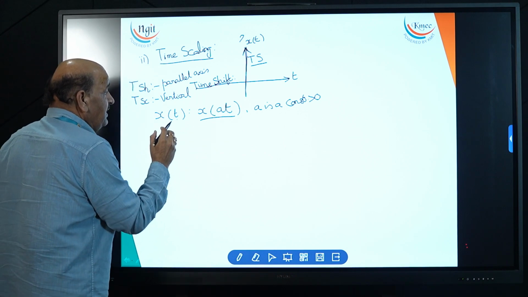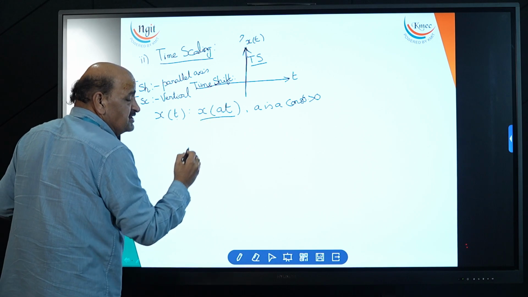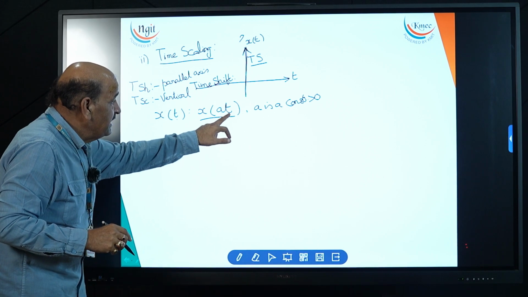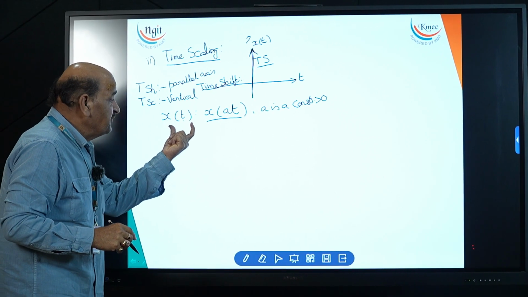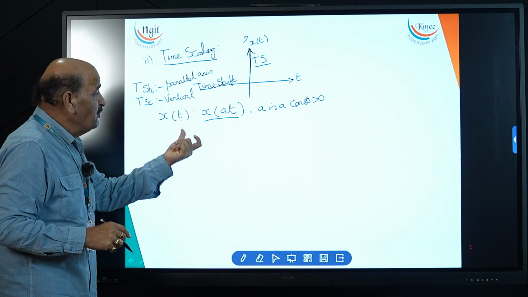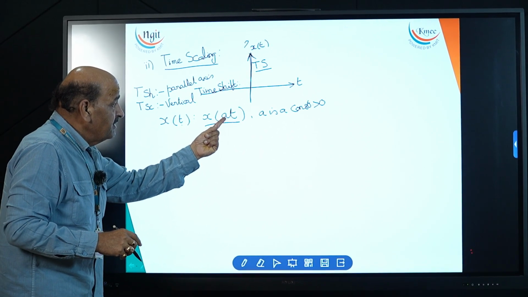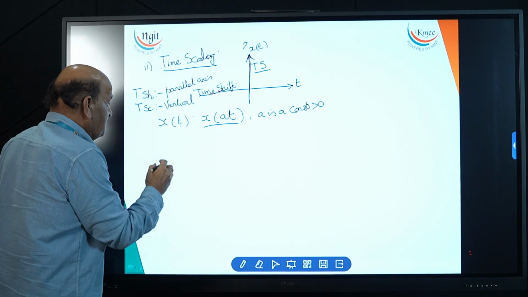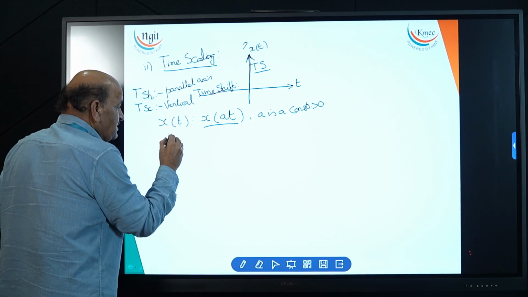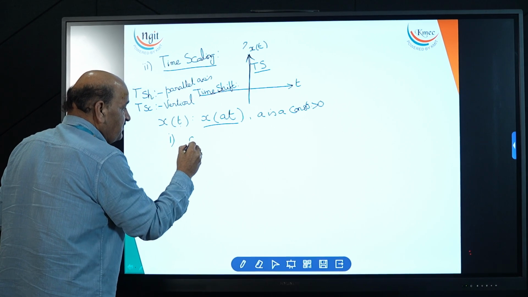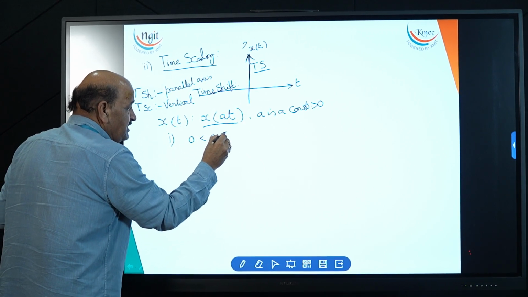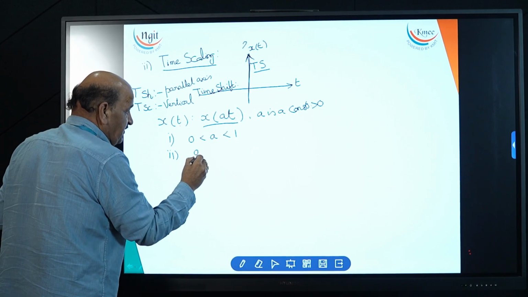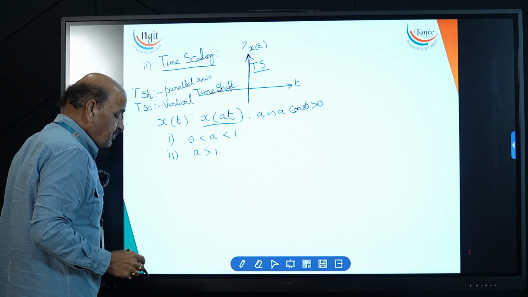Here a is a constant. We are multiplying a with the time variable t only, within the parenthesis. That means two conditions are allowed: either a is greater than 0 but less than 1, or a is greater than 1.